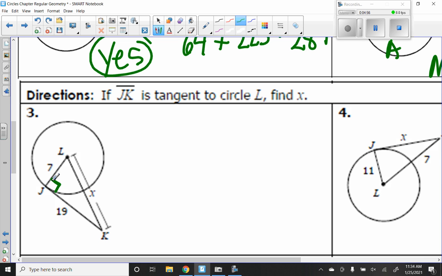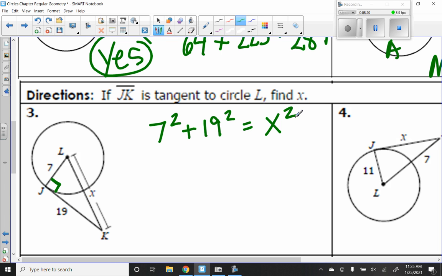So X looks like it's the whole hypotenuse. It specifically tells you that it's the entire hypotenuse. So this is going to be a squared plus b squared equals c squared. That's how you would do this one.